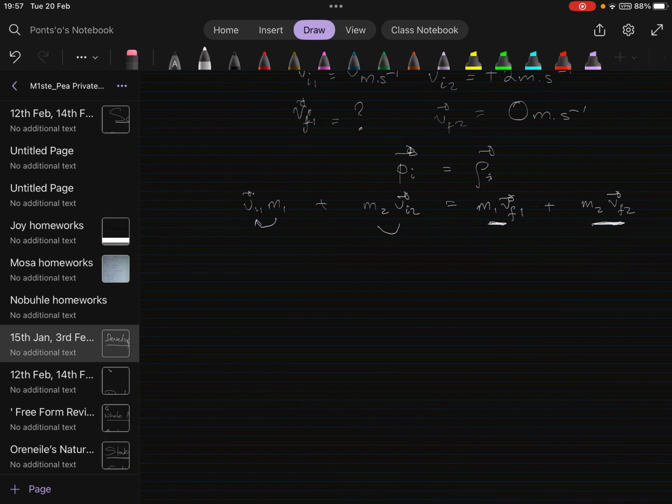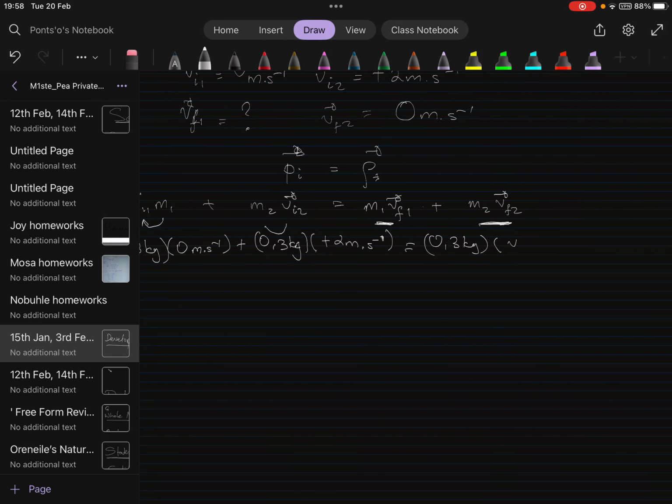And now substituting, we have 0.3 kilograms multiplied by 0 meters per second plus 0.3 kilograms times plus 2 meters per second, since we said that direction is positive anyway. And that equals the mass of object 1, 0.3, times its final velocity, which is the one we need to figure out.